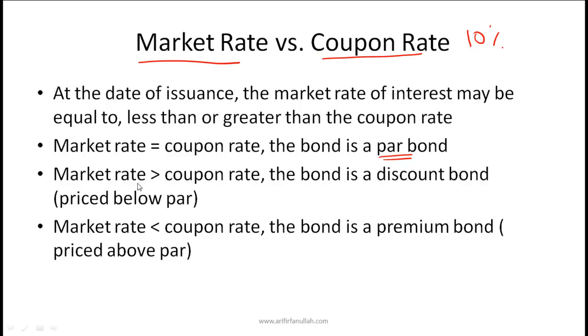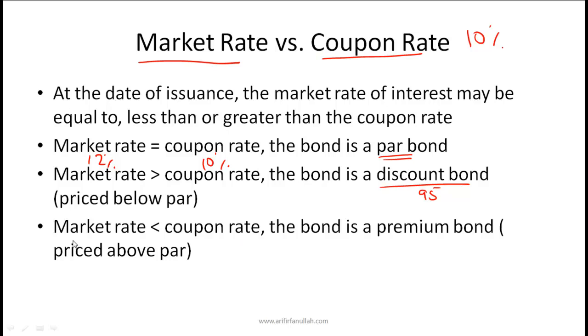If the market rate of interest is greater than the coupon rate, the bond is a discount bond. So if the coupon rate is 10%, but investors want 12% from this company, maybe because it has a low credit rating, then the bond will be issued at a discount. So for say a 100 par value bond, the company might only raise 95.